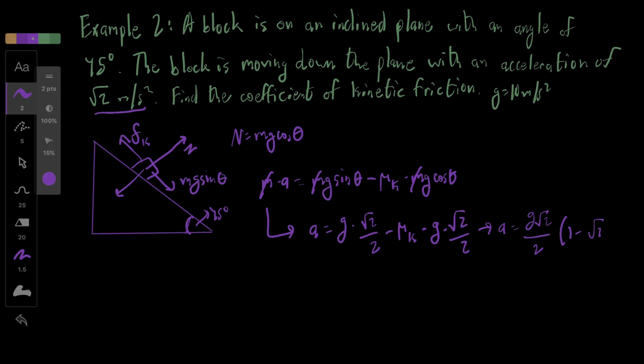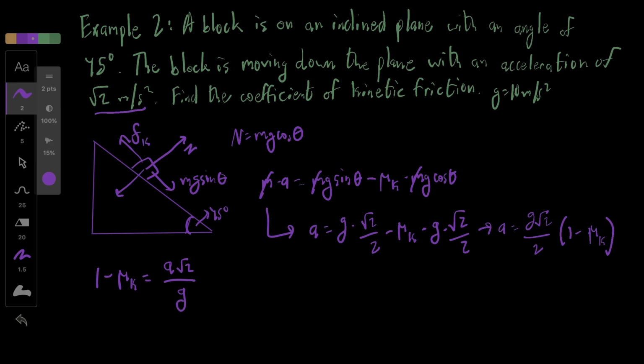So, now we know what our full equation is. Now, let's plug in our values for a and g and isolate the 1 minus mu k. So, we have 1 minus mu k is equal to, now this acceleration times the square root of 2 over g.